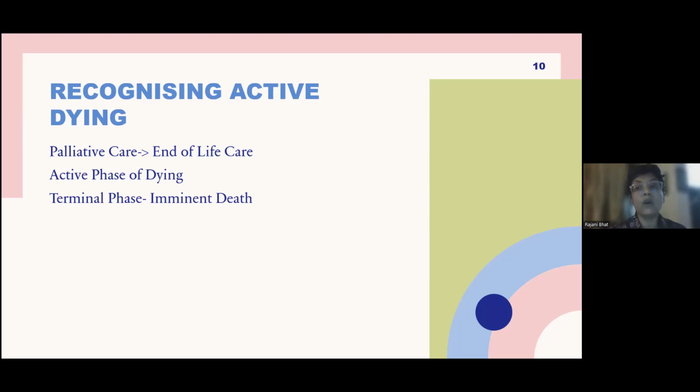If you've already got them on opioids or benzodiazepines for breathlessness, their requirement of morphine starts increasing. Earlier, they were okay with the breathlessness being managed with 5 to 10 milligrams of morphine twice a day or thrice a day. Now you're having to give it every 4 to 6 hours. So it's coming to that 5 milligrams every 4 hours you're needing to give it. So that tells you that this person's symptom burden is increasing, they are getting sicker.